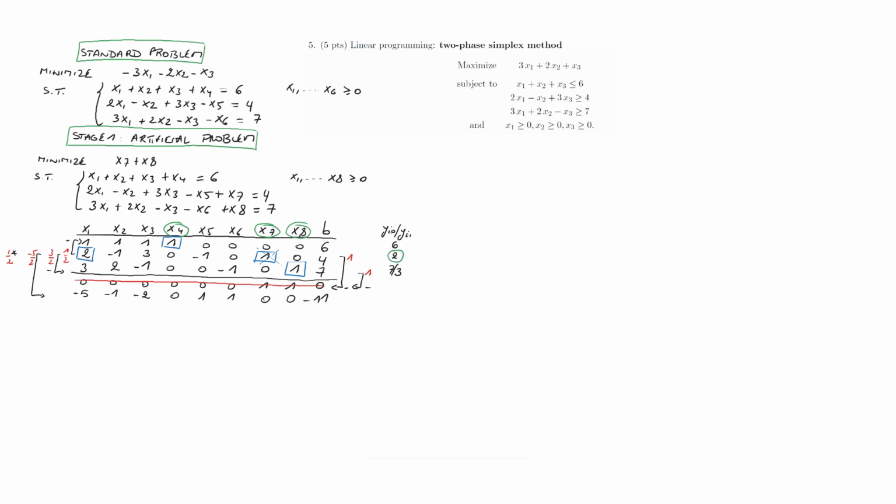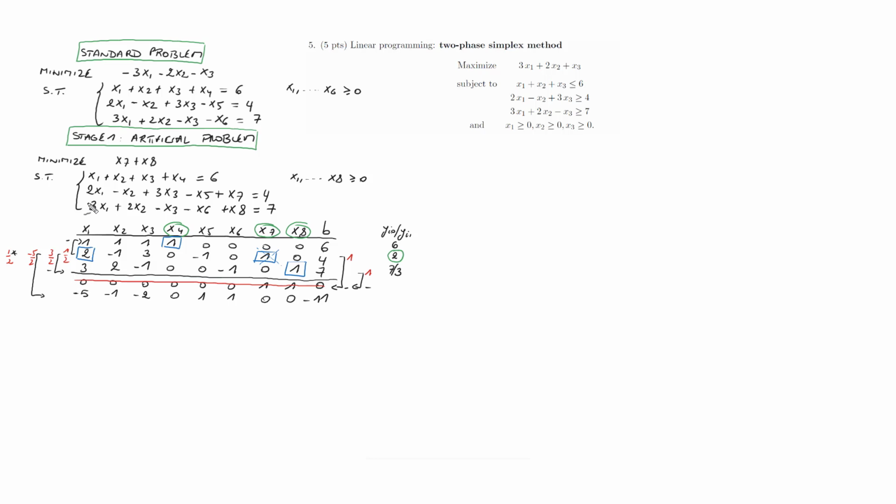So in the meantime we have done these two elementary row operations. We have found here a new row below, and we can cross out the old row. So what you see here in this new row are the reduced costs, and we have seen in the course that in order to select the variable that is going to join the base, you have to take the lowest reduced cost, and clearly this is here -5, right?